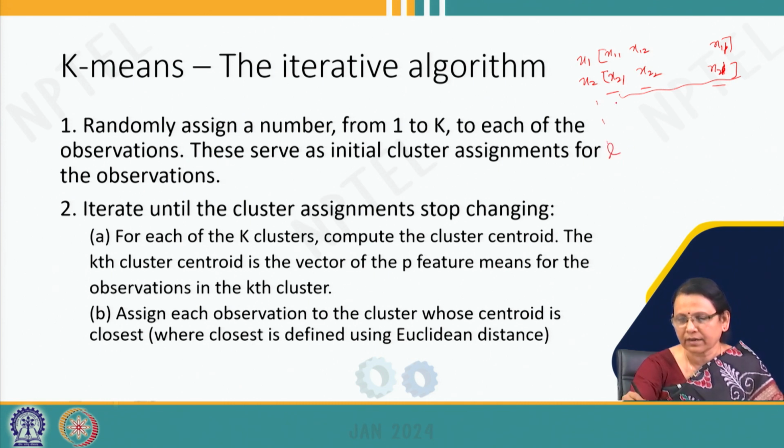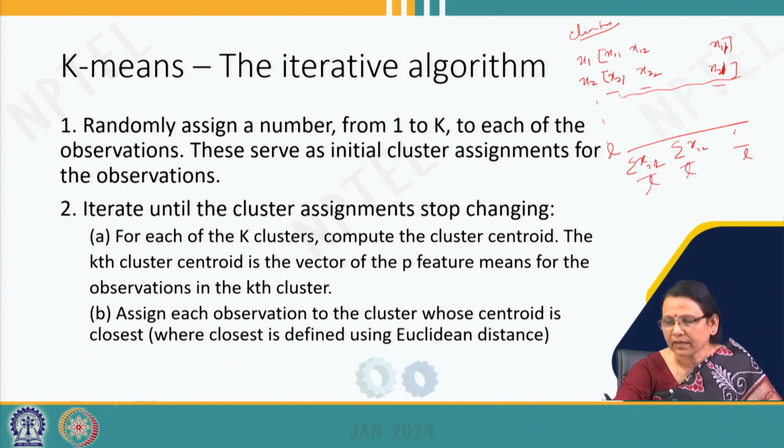So, taking all the attributes together, if it has let us say some L number of observations, and this is let us say cluster 1, then you are supposed to take the sum of each x i 1, x i 2 and find out the mean by dividing by L. Okay.